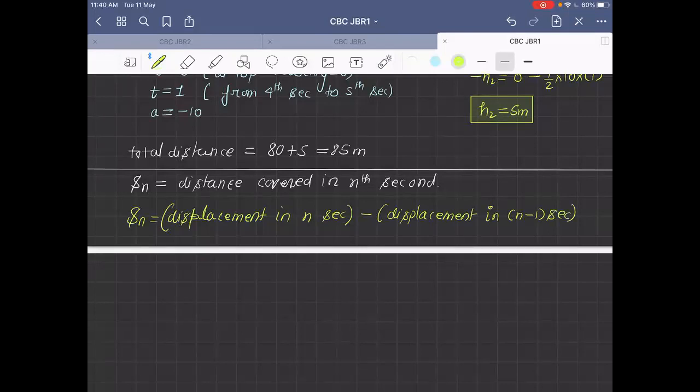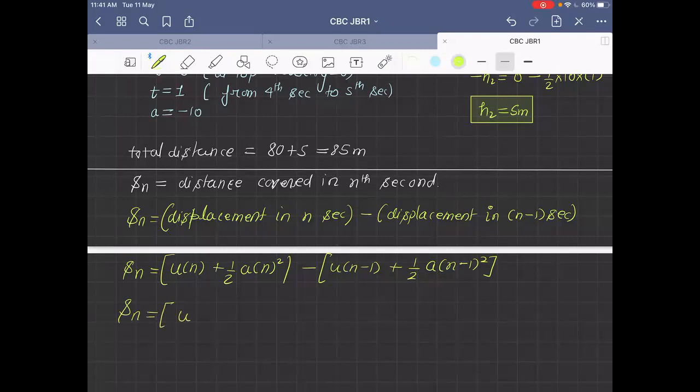Okay, now we are going to get the formula. Sn is going to be u into n, because time I'm taking n, plus half a n square, subtracted by u into n minus 1 plus 1 by 2a into n minus 1 square. Sn will be equal to u, and n minus n minus 1 will become 1.